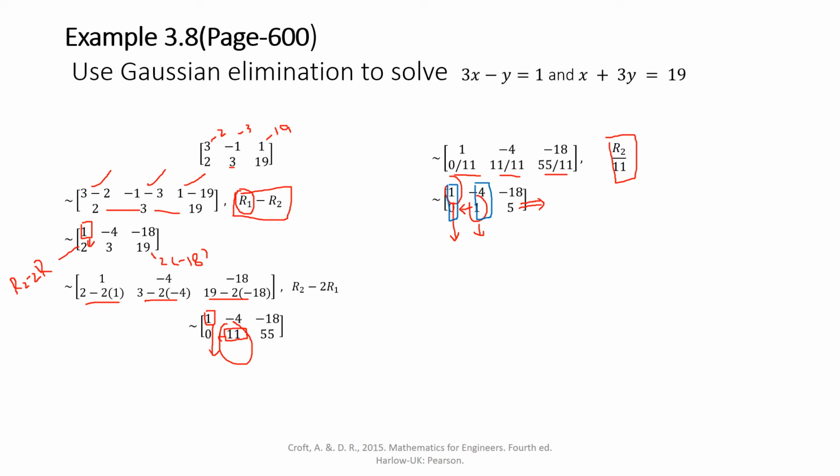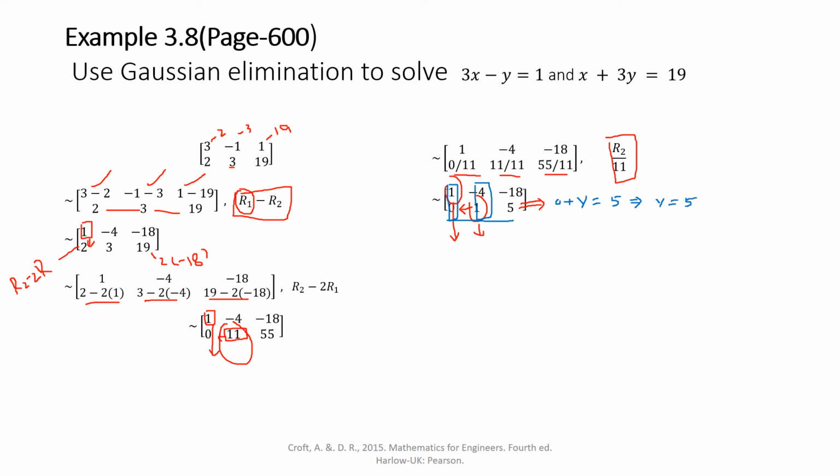So if we look here in the second row, the x is 0 plus the y is 1, so it means 1y or only y equals 5. So this implies that y equals 5.